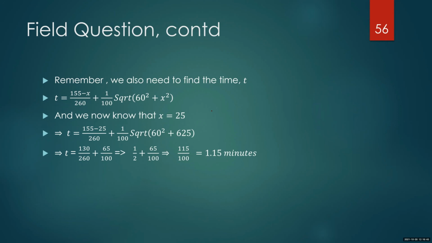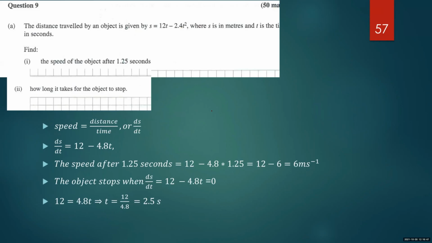So our next question then is the distance traveled by an object is given by 12t minus 2.4t squared, where s is in meters and t is the time in seconds. So find the speed of the object after 1.25 seconds.